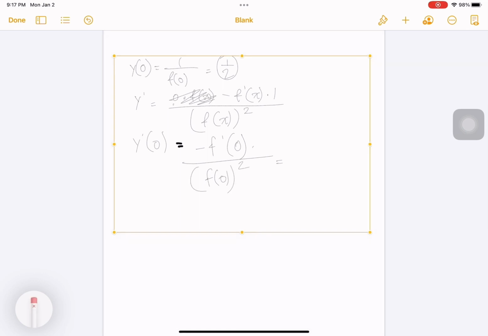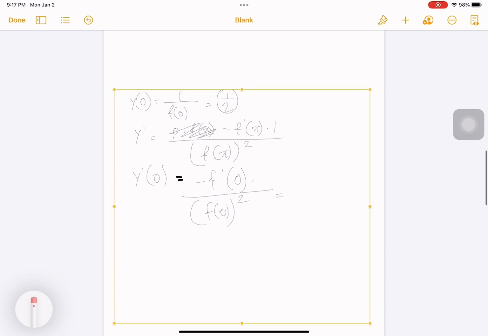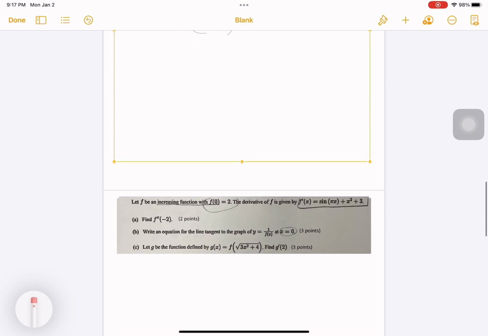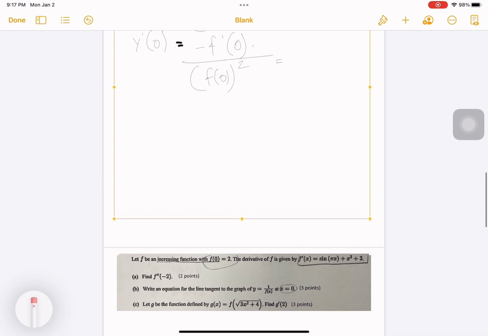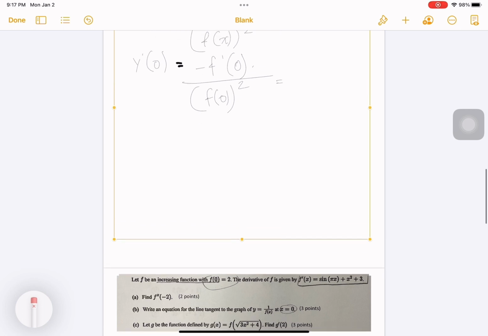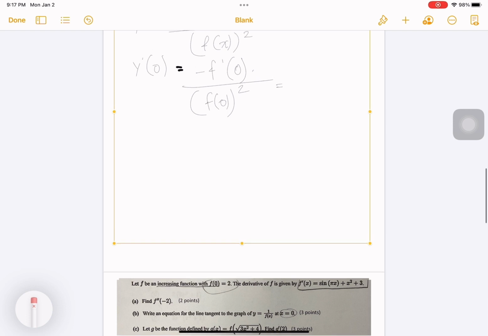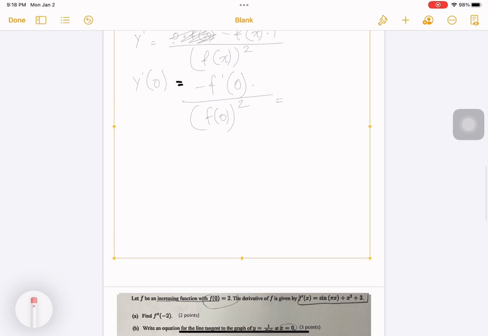So now we have to find what f prime of 0 is. And f prime of 0, it tells us what f prime is. So f prime of x is equal to sine of pi x plus x squared plus 3.